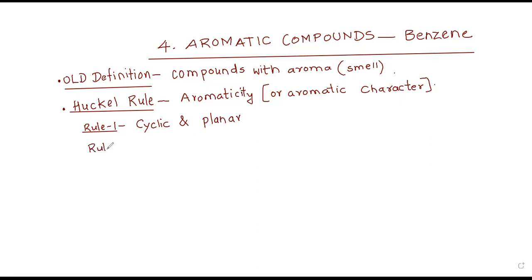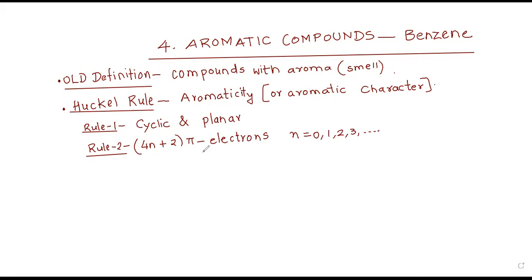Rule number 2. These are steps in fact, so you check it in this manner. The structure must have 4n plus 2 pi electrons, where n could be 0, 1, 2, 3, any number.